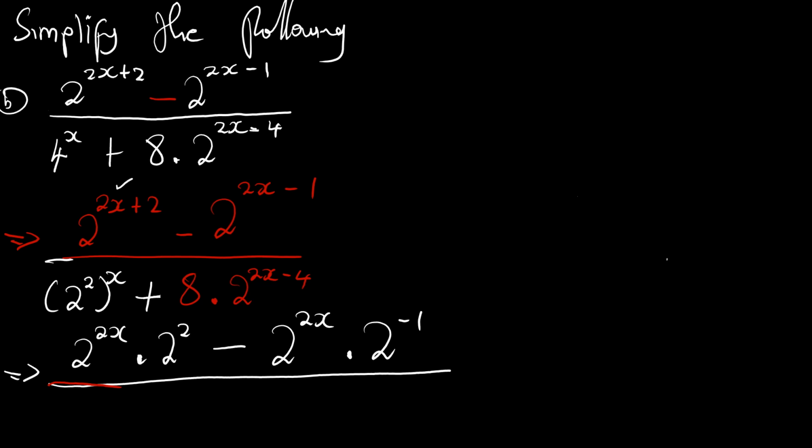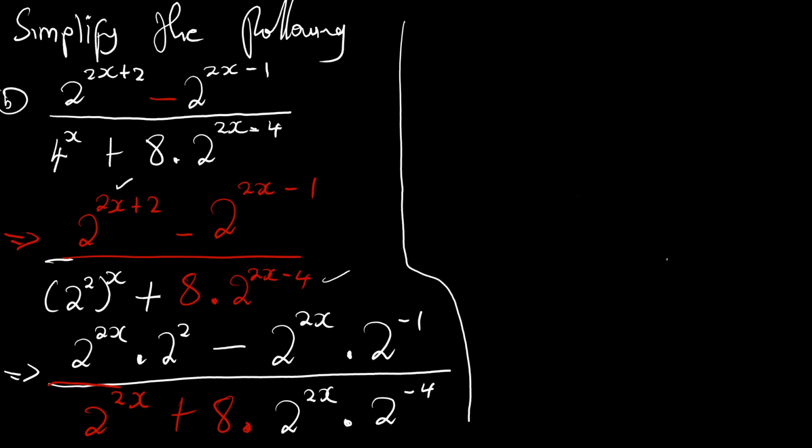So if you simplify this, it is going to give us 2 to the exponent of 3x plus 8 multiplied by 2 to the exponent of 2x multiplied by 2 to the exponent of negative 4. I hope you are still following.